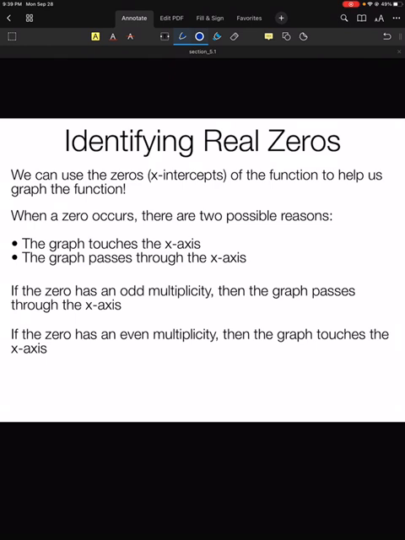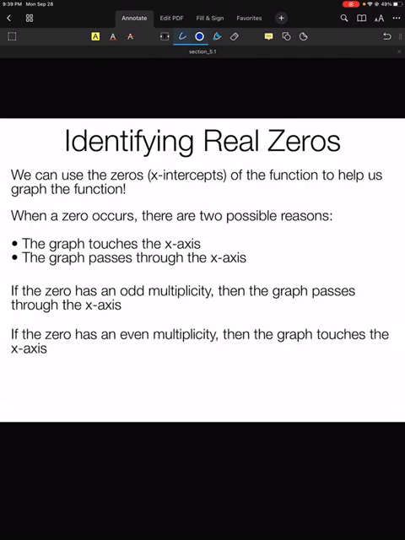When a zero occurs, when the line crosses the x-axis, there are two possible reasons. The graph touches the x-axis, or it passes through the x-axis.